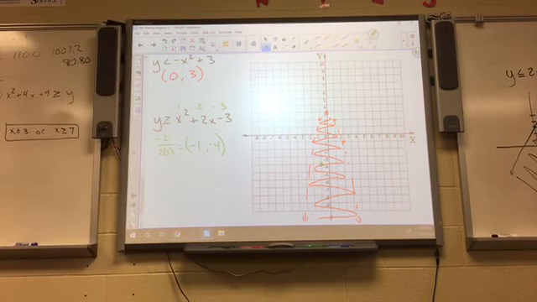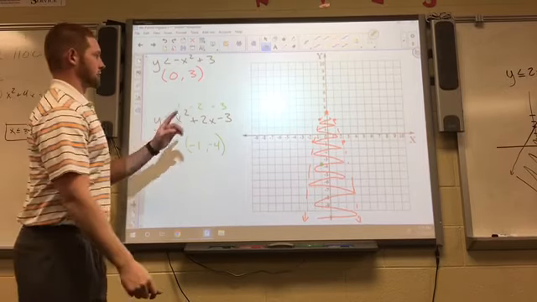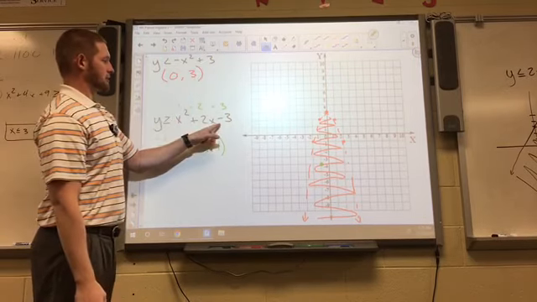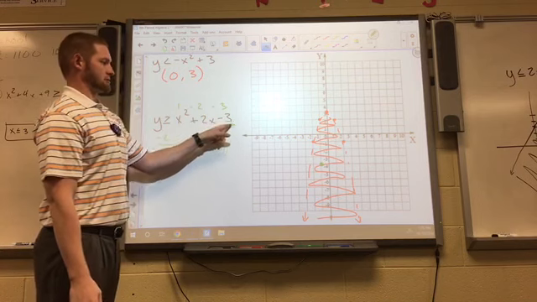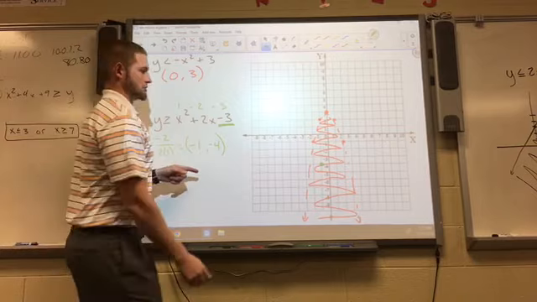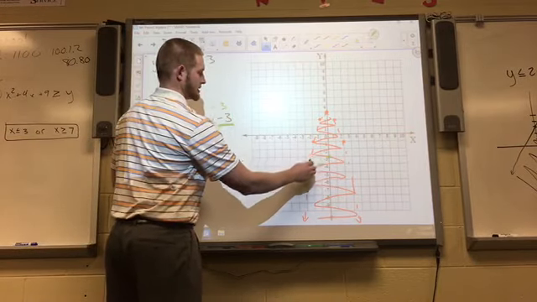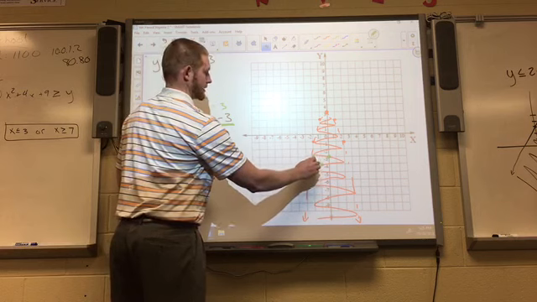So now the next thing I'm going to do, if you remember this, and we didn't talk about it up here, but this is a y-intercept. You guys remember that? Your C is your y-intercept. So I know it intercepts at negative 3, which automatically gives me a point to reflect.